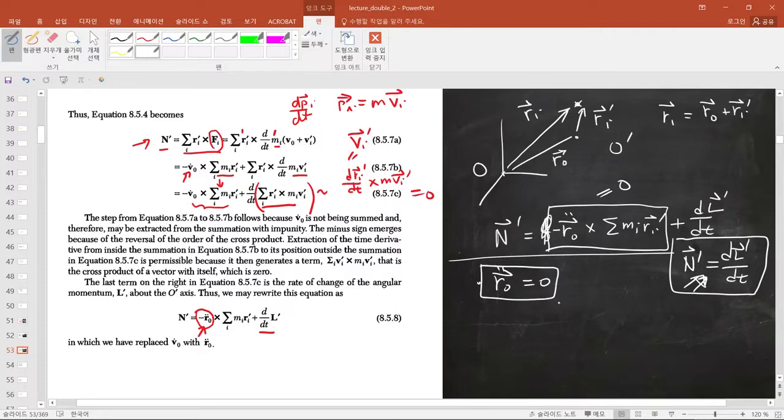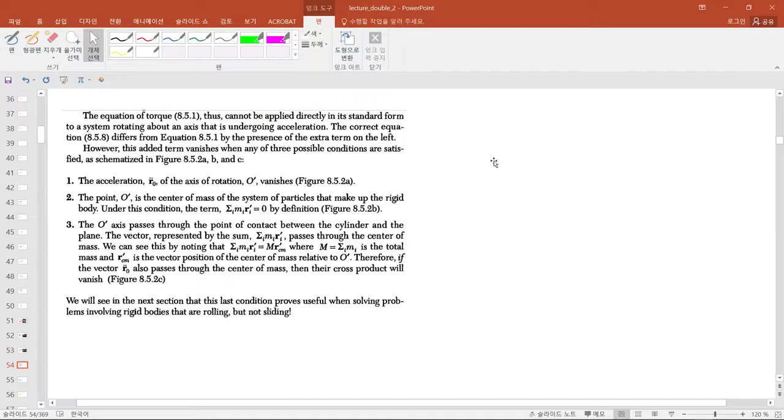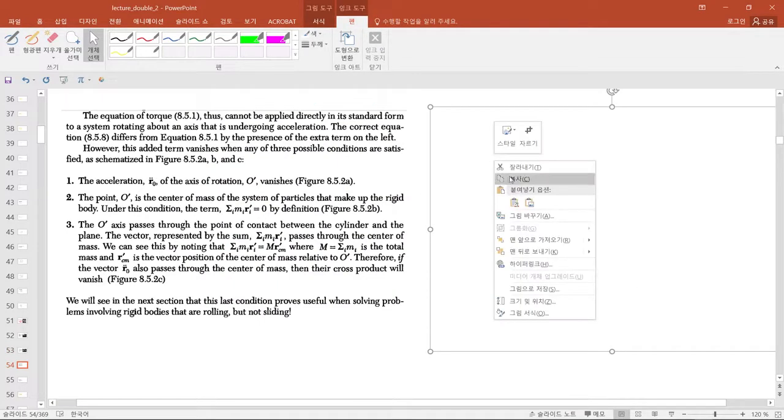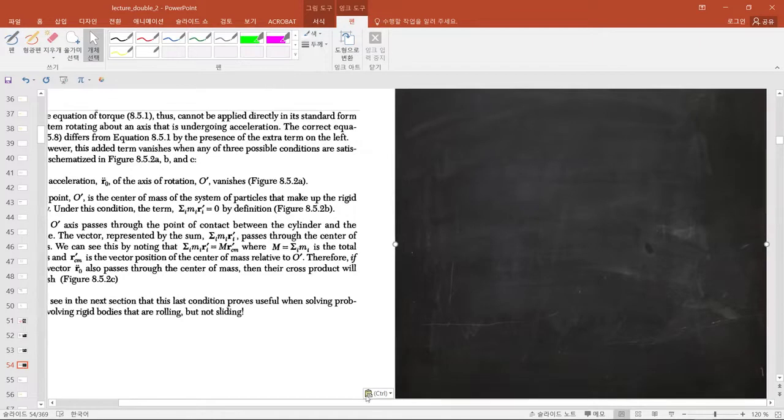Or the most common case is like the example we considered: if this point is fixed, then this one is also true, because r0 double dot is equal to 0. So let's see in which case this term vanishes, so that you can still use this torque equation safely.